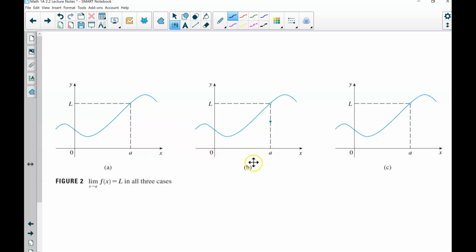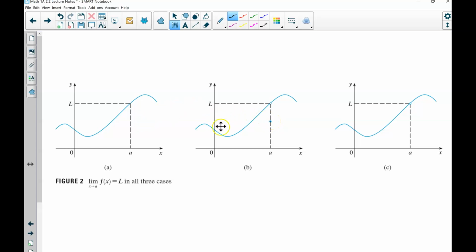So when you look at these figures here, these graphs, these are the three functions. Now if you look at part C over here on this side, f of a is a hole. It's an open circle, and it's not defined. And in part B, you can see that f of a does not even equal L because the point is closed here.